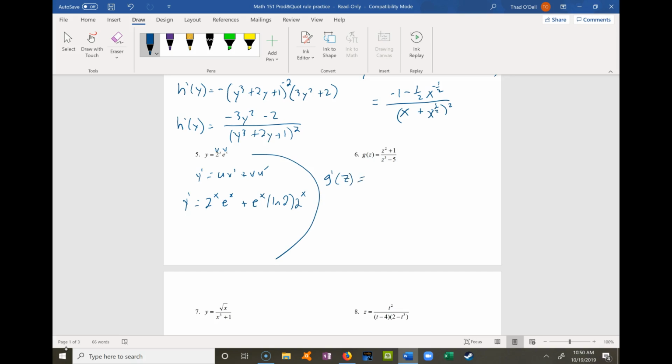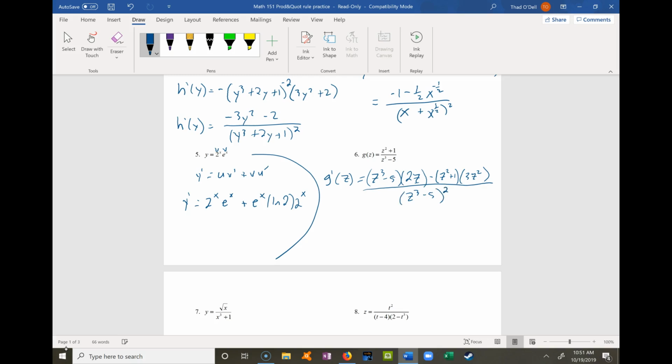So it'd be low, which is z cubed minus 5, d high, which would be 2z, minus high, which would be z squared plus 1 times the derivative of the low at the bottom. That would be 3z squared all over z cubed minus 5 squared.